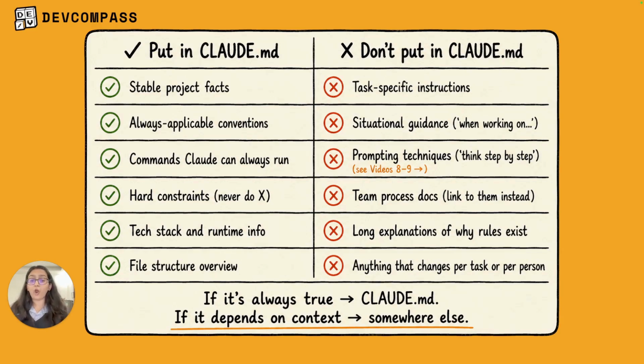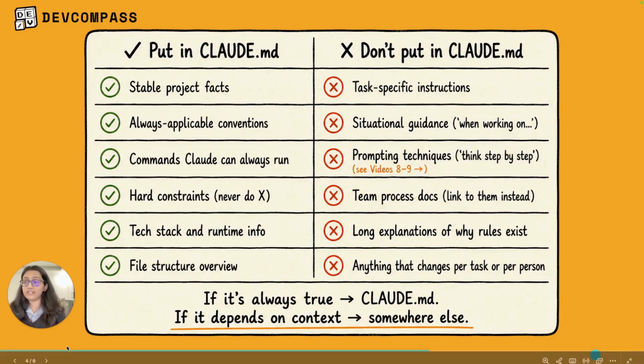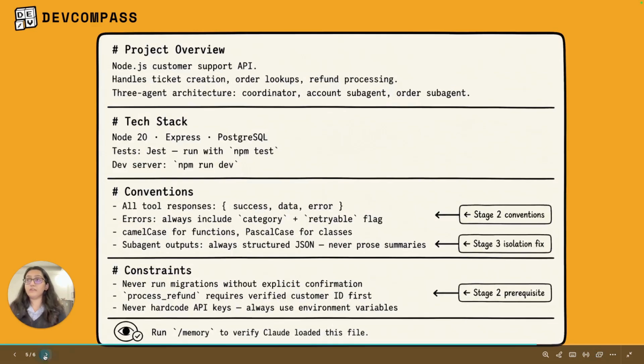A map of what's in each directory is stable information, but anything that changes per task or per person does not belong in the markdown file. For example, personal preferences and per-task instructions belong in other layers. So if it is always true, it belongs in Claude.md. If it depends on context, it belongs somewhere else. That is what you have to remember.